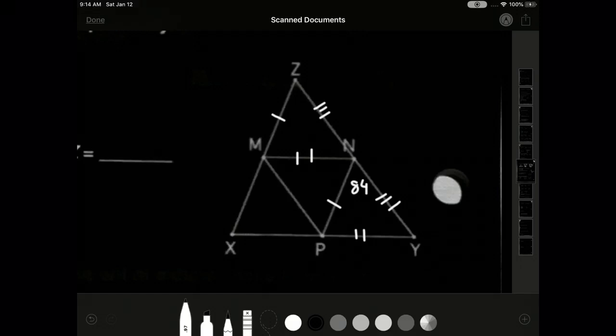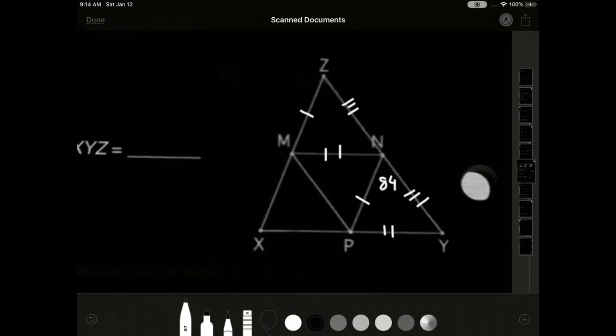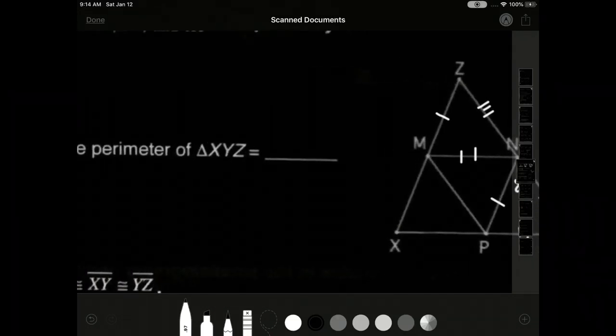In fact, we have 4 congruent triangles in here. So we can take triangle NPY and match it up with triangle ZMN, which means that if we have a measure of 84 for YNP, then angle Z should also be 84.